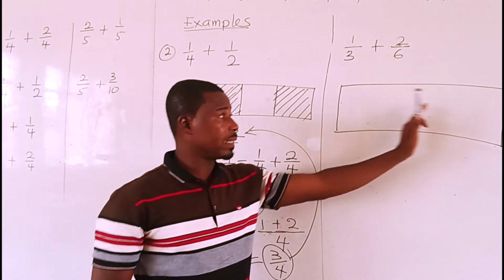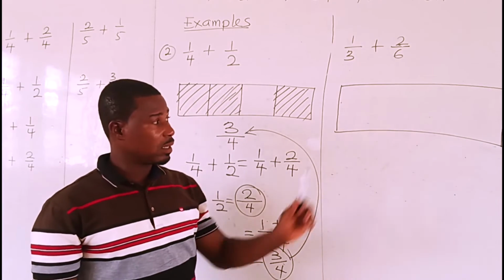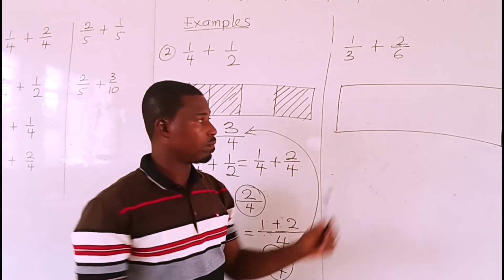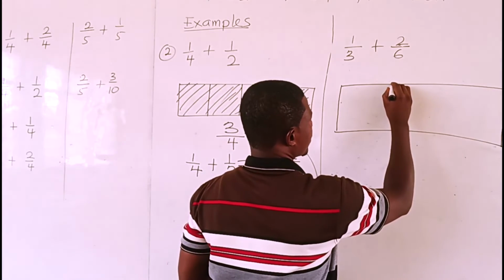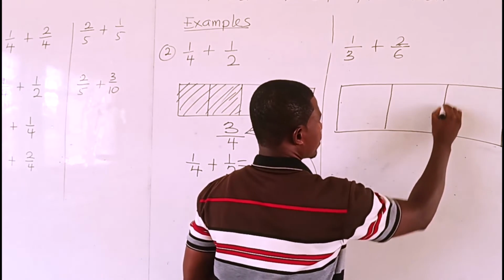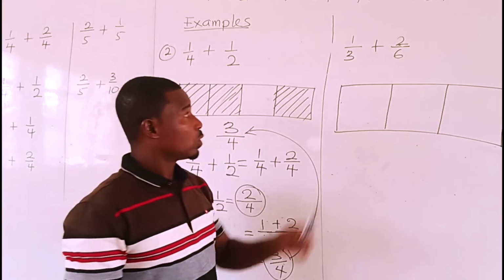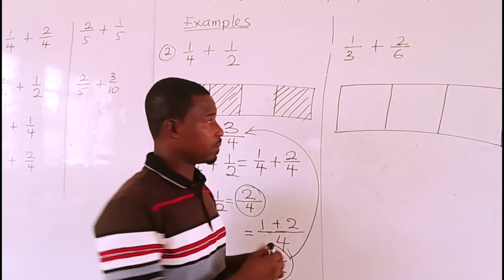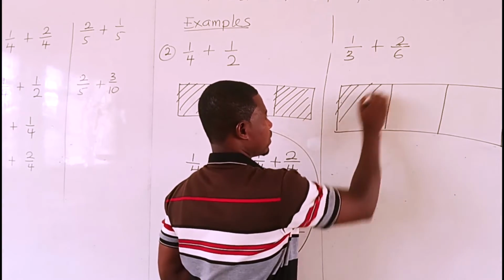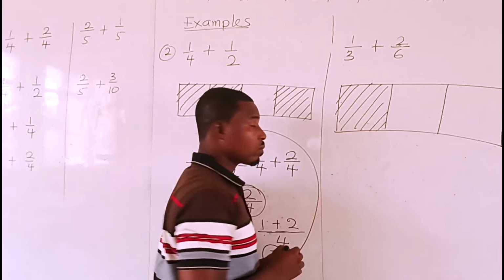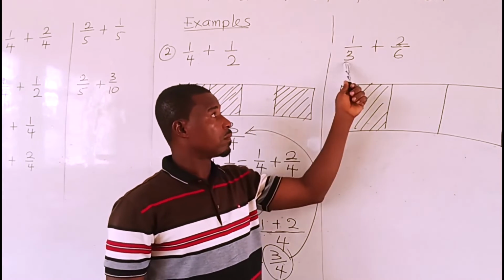So we are going to divide this into 3. We have to shade one part of it. We are done over here.